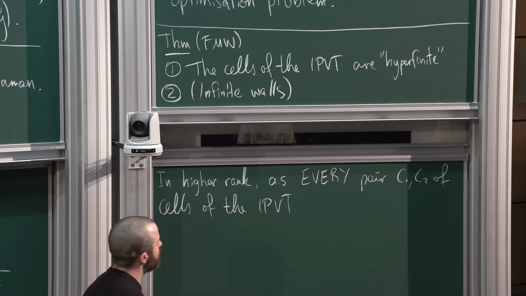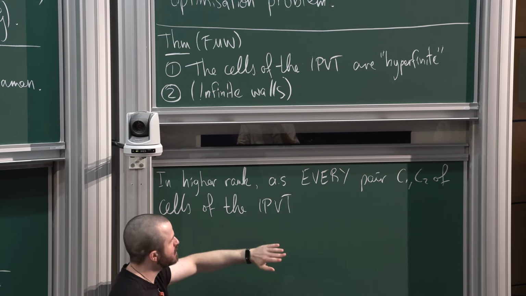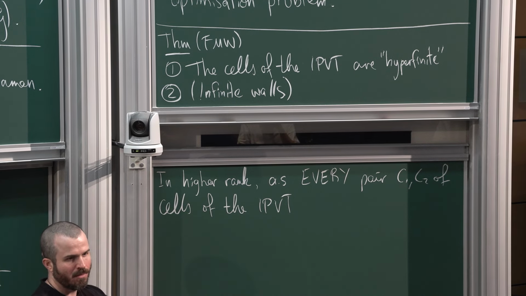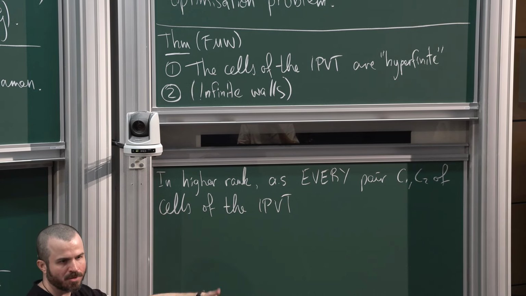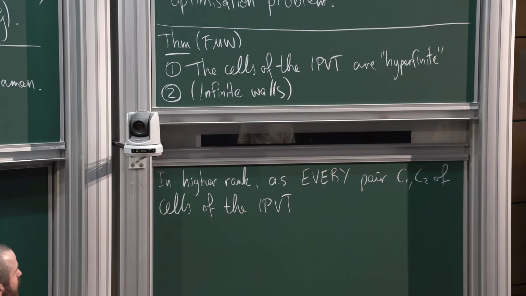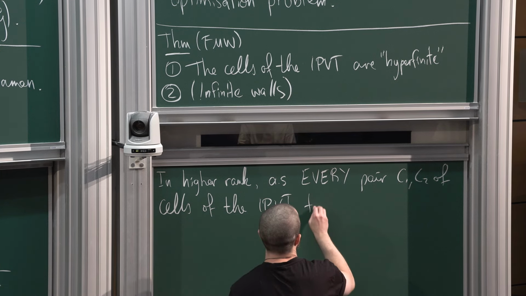This IPVT is a random tessellation of your group, or of the symmetric space below, into infinite volume cells. These are the elements of the partition, if you wish. What I'm claiming is that in higher rank, almost surely every pair of cells of the IPVT touch.